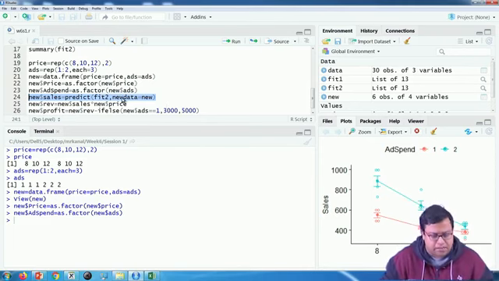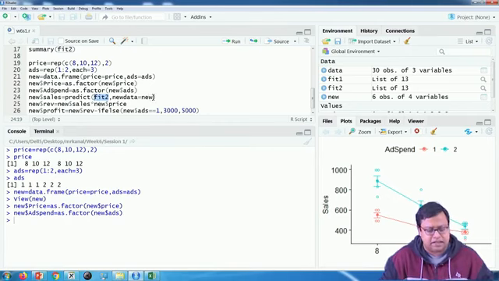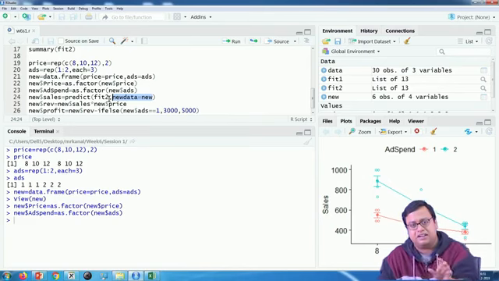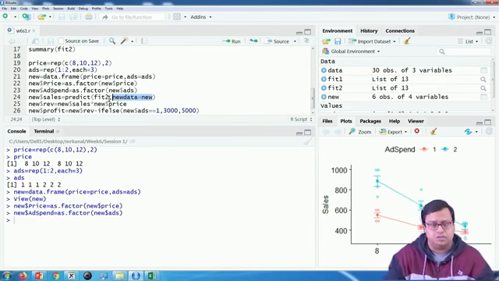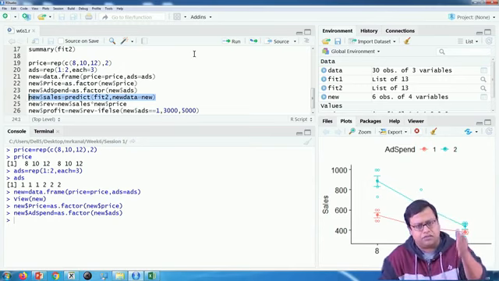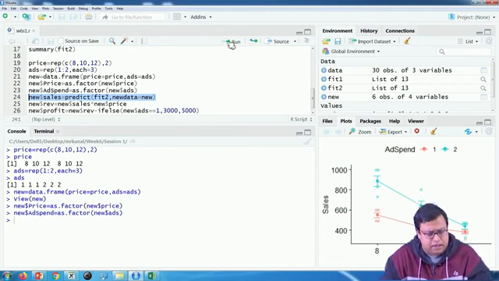The model name is fit2, and newdata is equal to new. The new data set that I have created will be used as my data for the prediction. So, I predict and put it in sales, which gets generated for all the 6 observations and is populated in the new data.